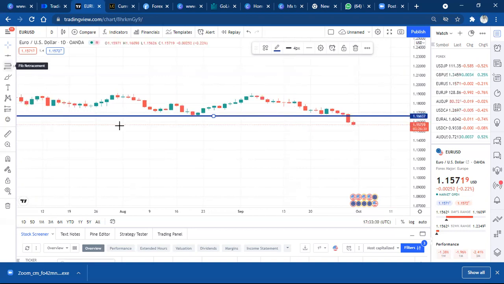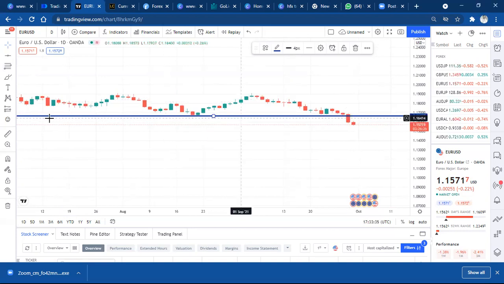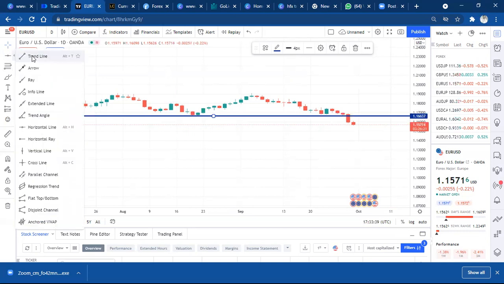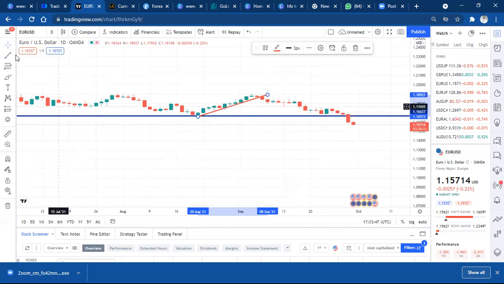Now, usually support lines, I've taught you support lines, they're supposed to be blue or red. All right, you can pick another type of line. You can pick a trend line to show you what is happening in the market. The trend line can go in any direction, you know. You can pick a vertical line.